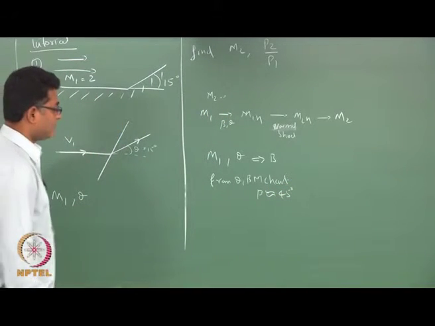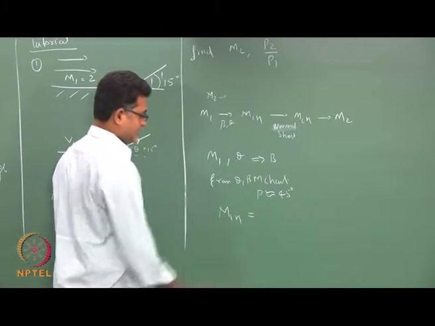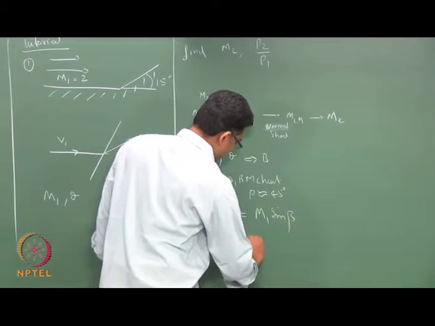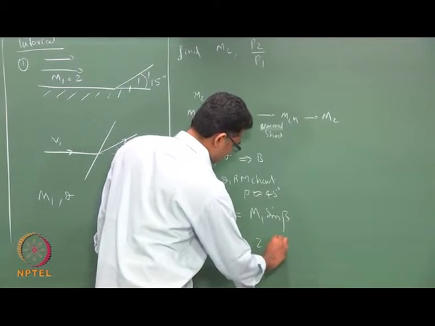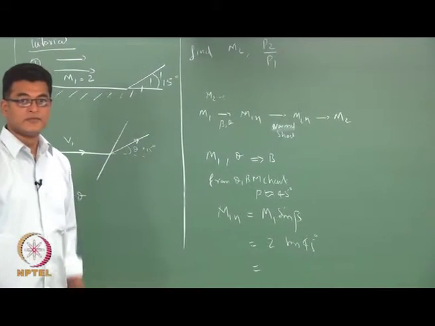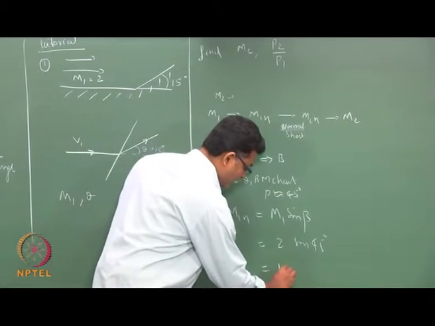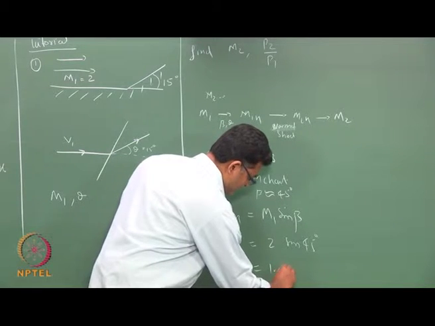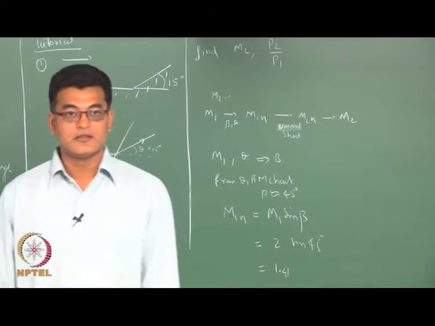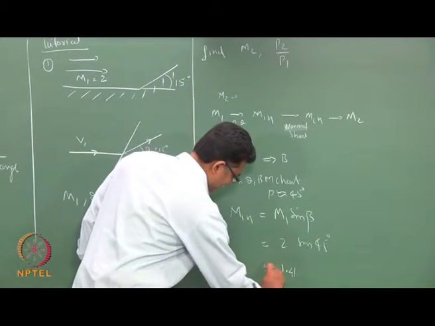Okay. So, if I know the beta, I can compute my M1n as M1 sin beta. So, this is 2 sin 45, which is around 1.4.